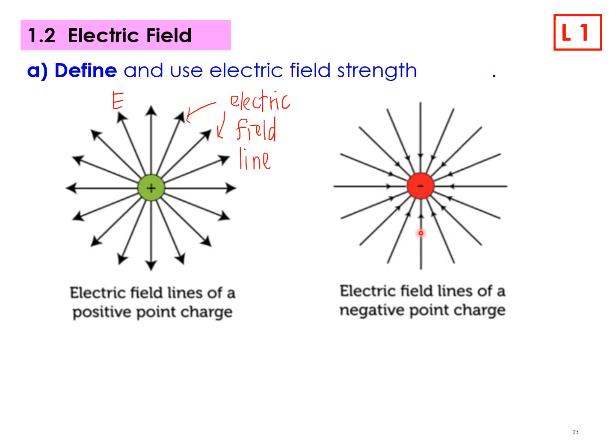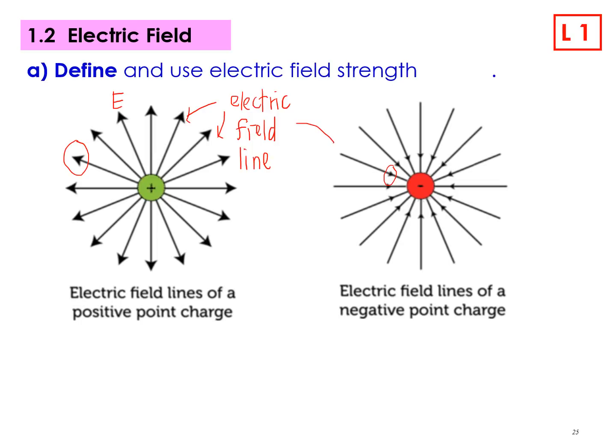This is the electric field represented by the electric field line that is radially inward to the negative point charge. So the difference is that for positive, the arrow is outward, while for negative, the arrow is inward.